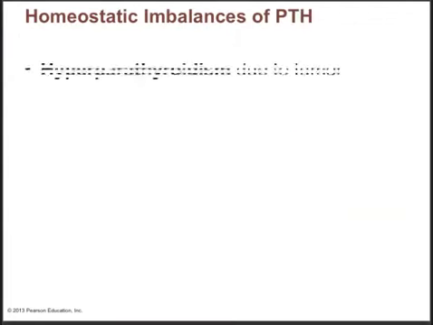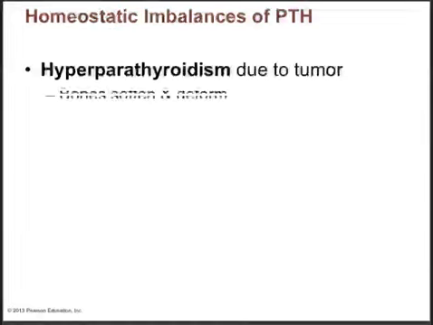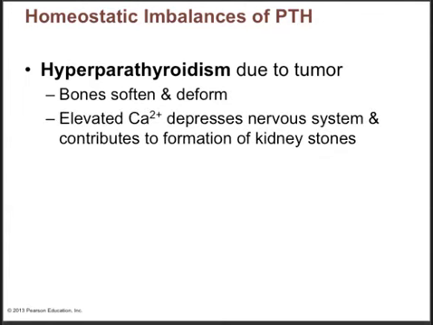Now, there are some homeostatic imbalances of parathyroid hormone that are very dangerous and life-threatening. Hyperparathyroidism can be due to tumor growths on the organ producing an overabundance of parathyroid hormone, which causes the skeletal system to demineralize prematurely. This elevated calcium level will suppress the nervous system and contribute to the formation of renal calculi, also commonly known as kidney stones.